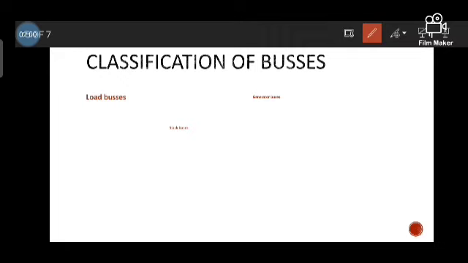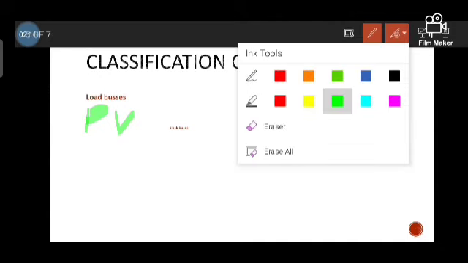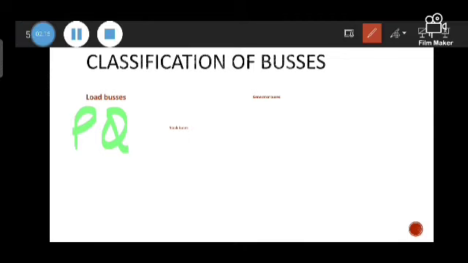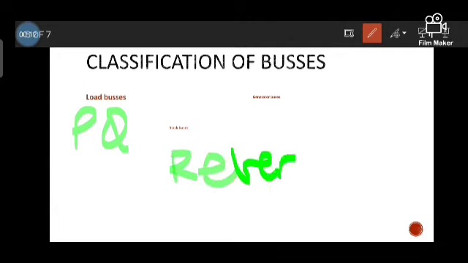The load bus is also called the PQ bus, the slack bus is also called the reference bus, and the generator bus is also known as the PV bus.